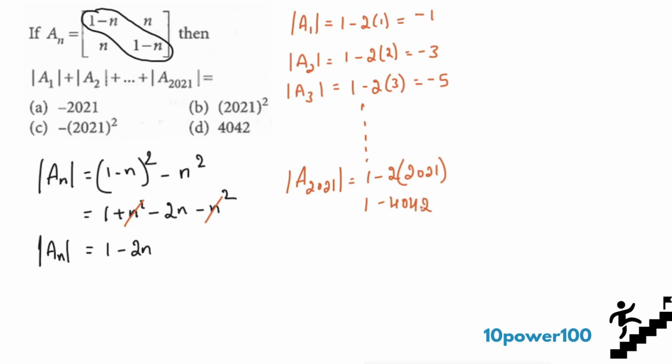So 1 minus 4042 is minus 4041, we get it.